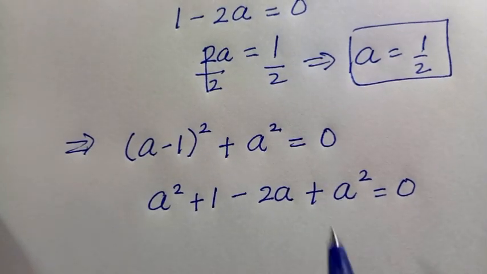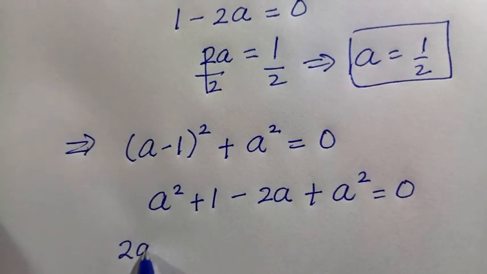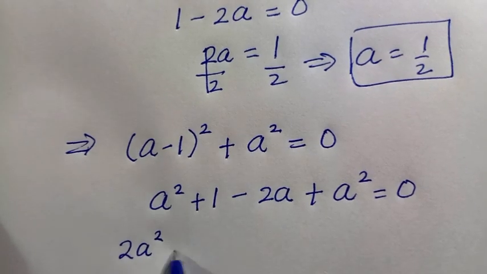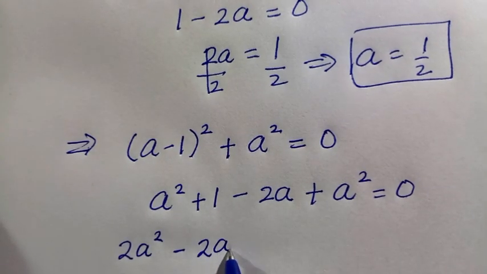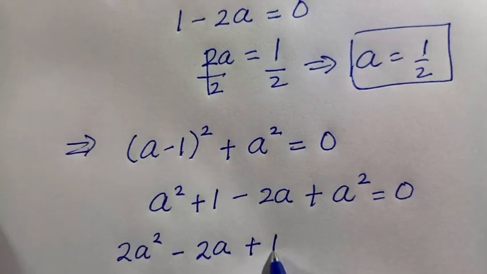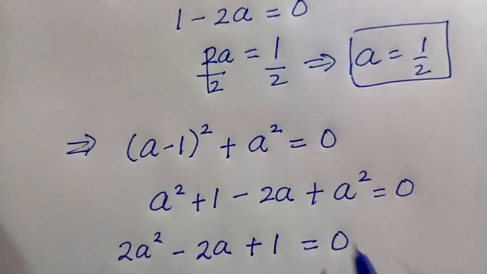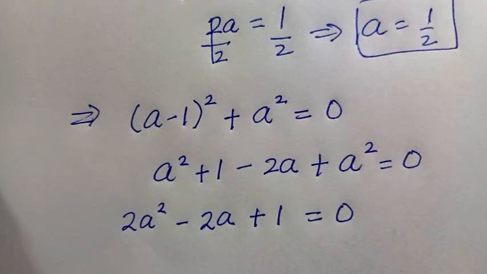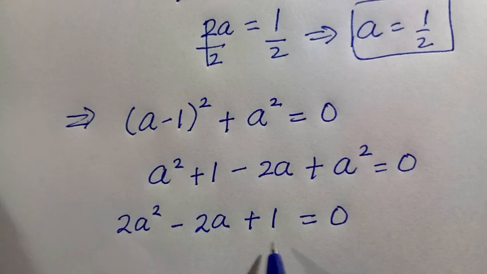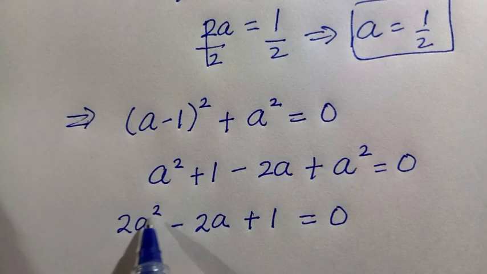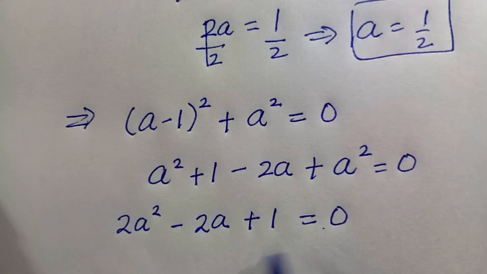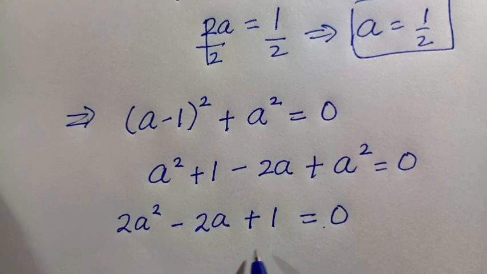So here is a squared plus a squared. We have it as 2a squared minus 2a plus 1 equals 0. So we consider this as a quadratic equation, as we have a square here. It makes it an equation which is quadratic. And let's try to provide a solution to this.